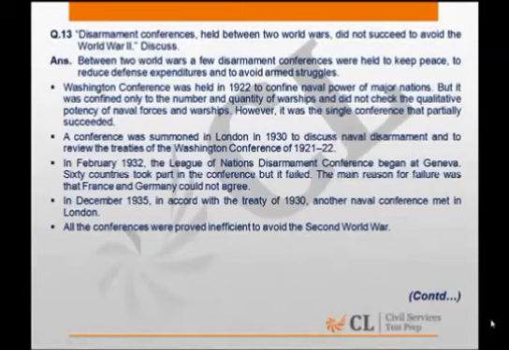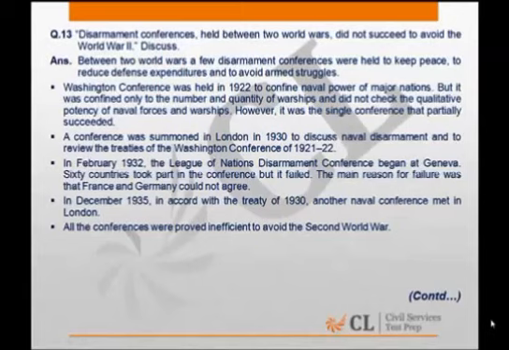For example, the Washington Conference, which was held in 1922, was to confine the naval powers to only major nations like the USA, Britain, etc. But the anomaly or ambiguity of this conference was that the quantity of warships was not defined.